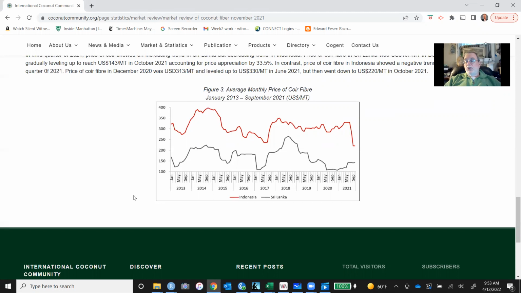The difference between these two usually represents the basis between two physical locations. If you were to exchange between Indonesia and Sri Lanka, this would otherwise be the cost, insurance, freight. The difference would be insurance and freight. Typical physical basis.